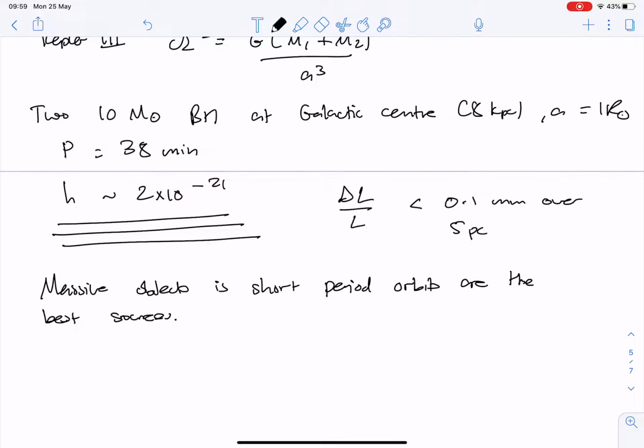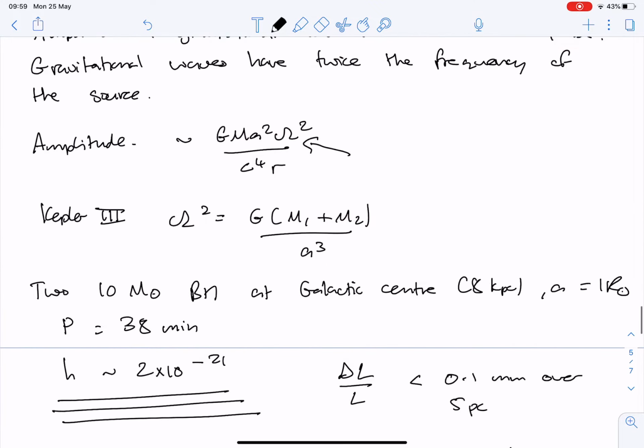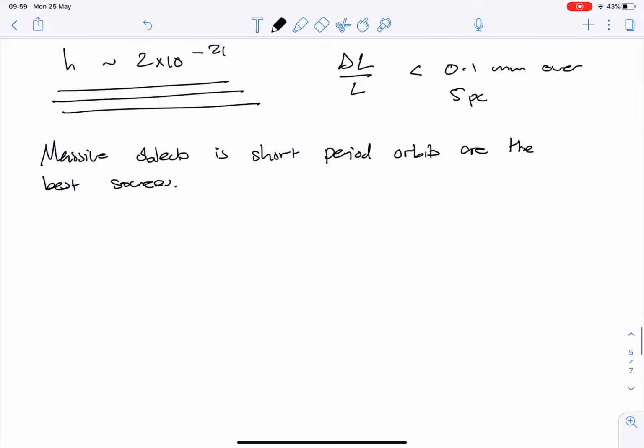The angular frequency omega becomes very high, and that goes up faster than a shrinks. Also note, the amplitude is proportional to 1 over r, not 1 over r squared.